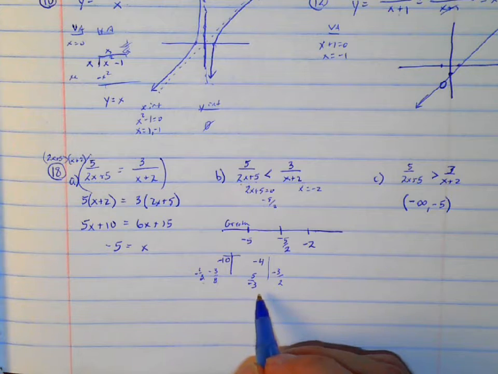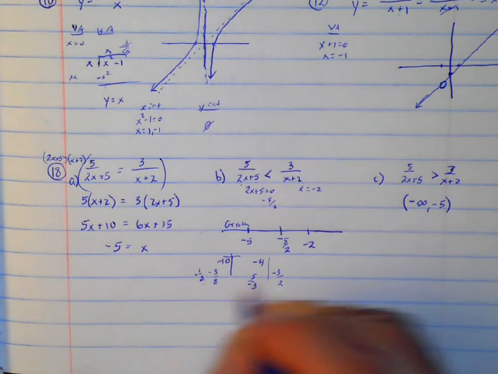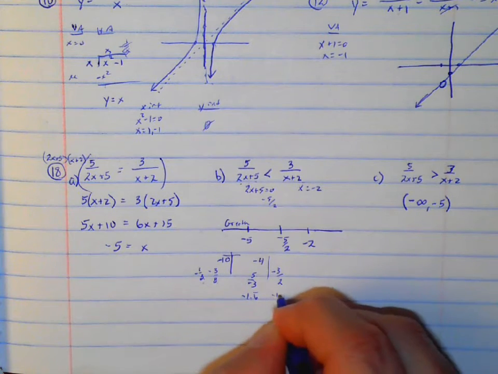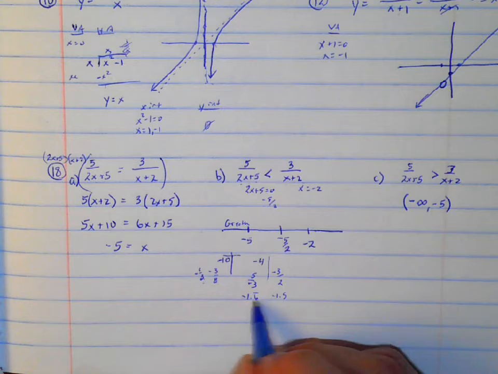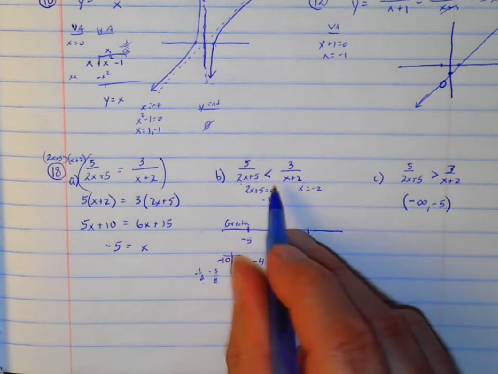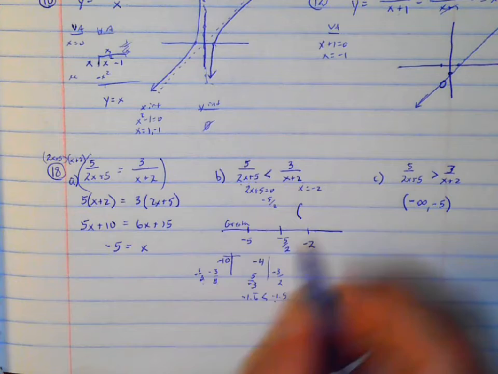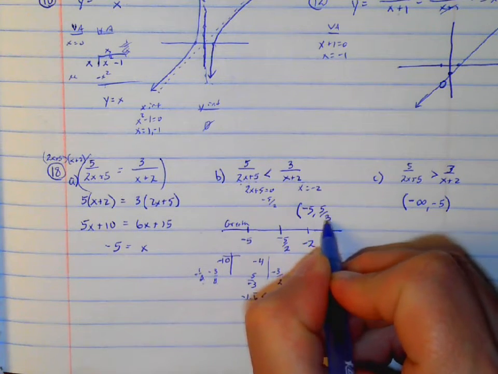Okay, so 5/3 is negative 1.6 repeating, and this would be negative 1.5. So which one is the greater one? Okay, so this side is less than this side. That'd be part B. So part B is from negative 5 to negative 5/3.